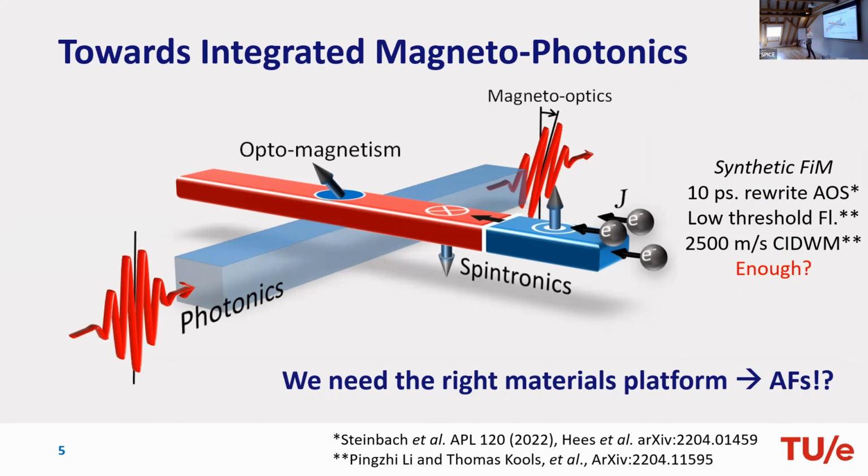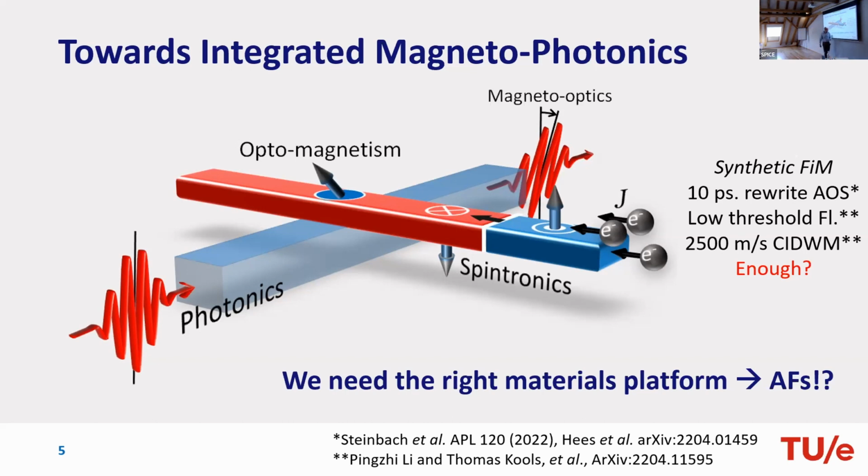But this is still not enough to go to the very high gigabit rates, because the domain wall width, etc., you have to play with. Antiferromagnets are nice. They have a low threshold fluence, but it needs to be lower even further. Yeah, so these synthetic ferrimagnets, to switch them, you need very little energy nowadays to actually really write the magnetism, but we still need another few orders of magnitude.